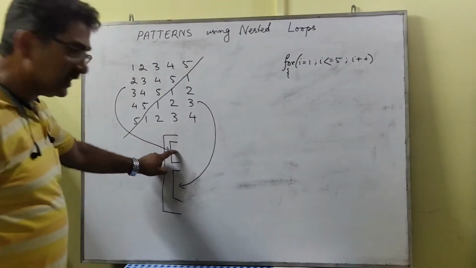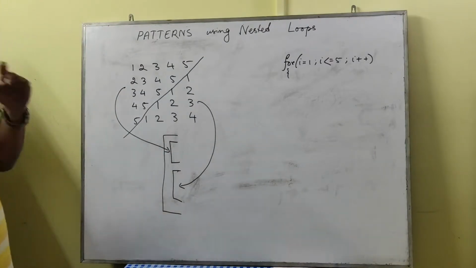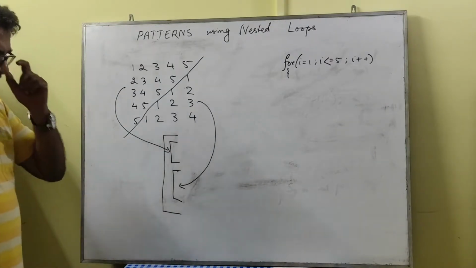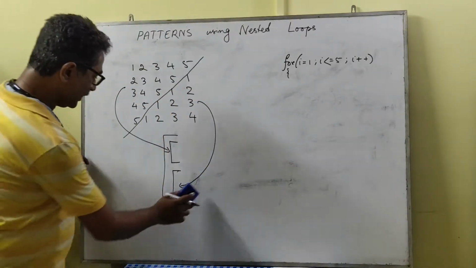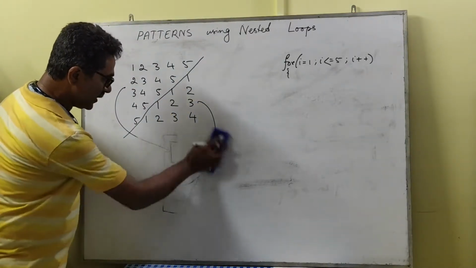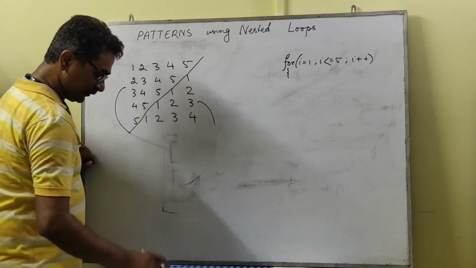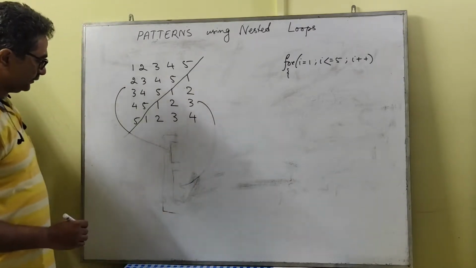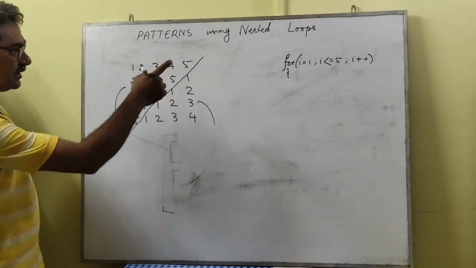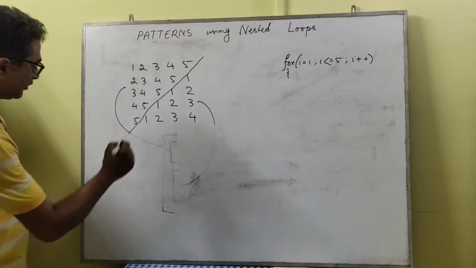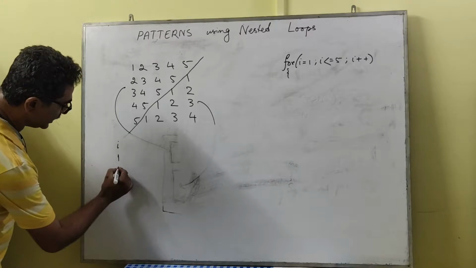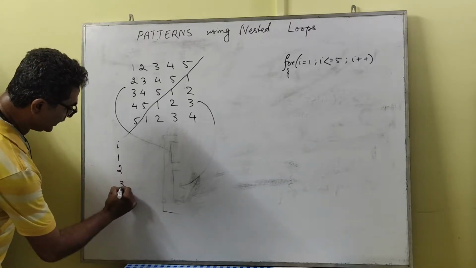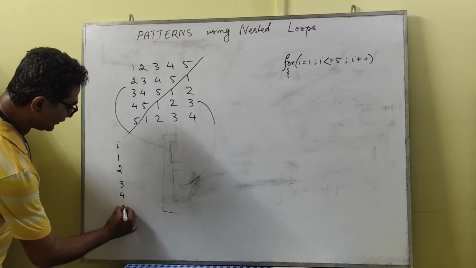Now we'll start with the second half. Now this is quite critical. We need to understand this very well. Now here, since the value of I ranges from 1 to 5, the value of I will be 1, 2, 3, 4 and 5.